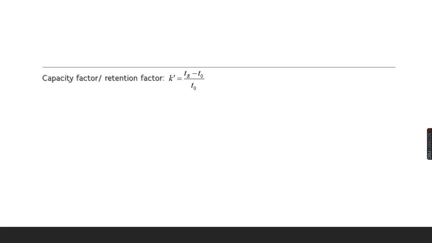If the retention factor is 0, that means the compound is not being retained; it is coming out with the flow without any interaction. So TR and T0 are the same, which is a retention factor of 0. But that means this chromatographic system is not useful for your desired compound.